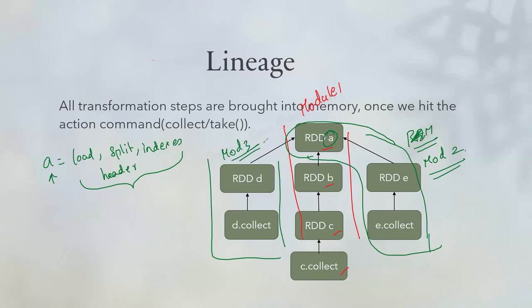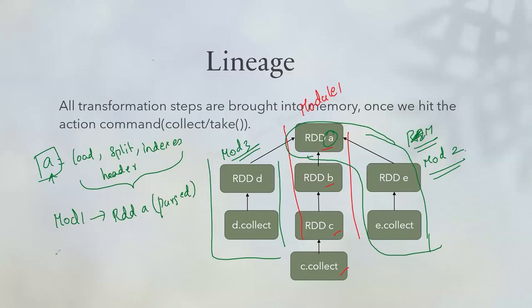So there are 3 modules, and for all 3 modules RDD A is the starting point: loading the file, handling the header, splitting the data, and extracting the indexes needed for us. Now the challenge is that once module 1 gets completed, RDD A will be purged from the RAM.